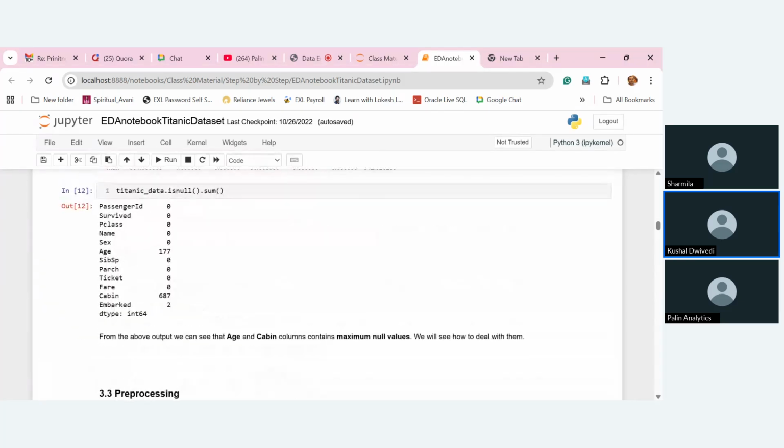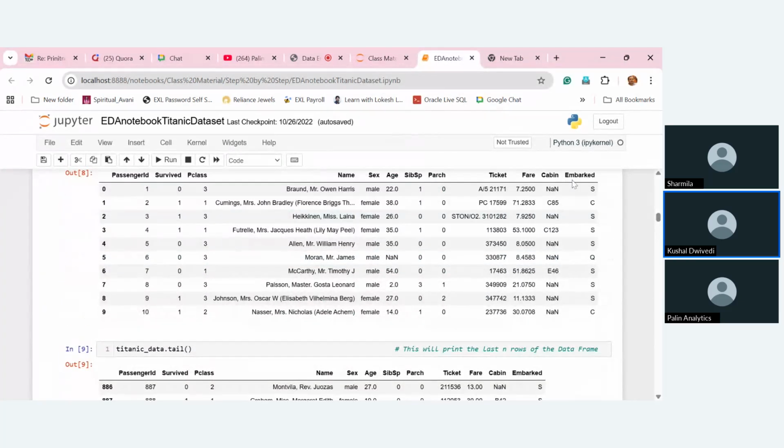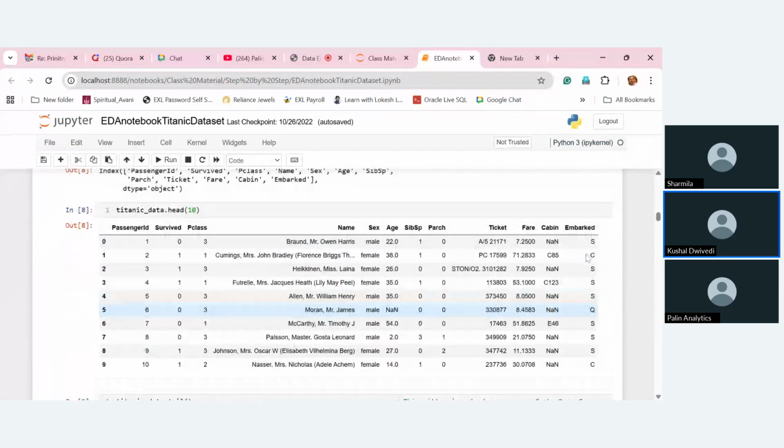So here you can see the S. Basically, in embarked there were three places from where the ship started.